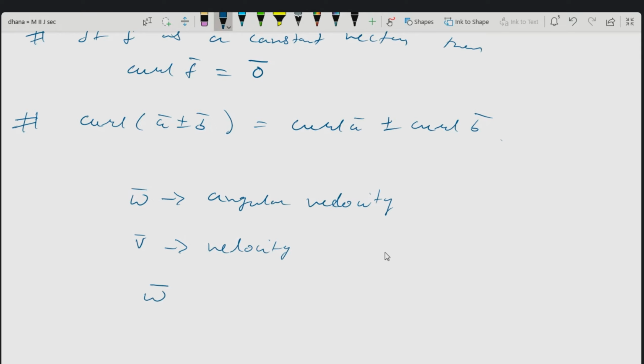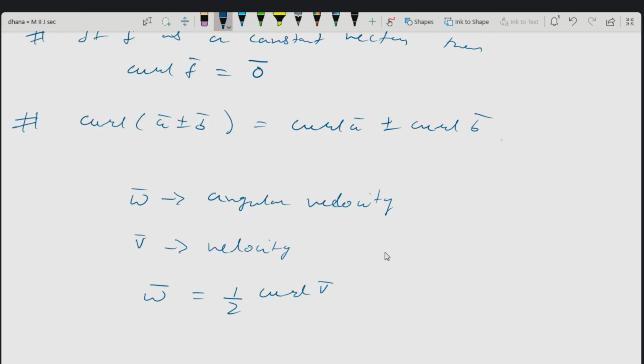Now the angular velocity is given in terms of half of curl of V bar. That means angular velocity of rotation at any point is equal to half of the curl of the velocity vector. That is the physical interpretation.